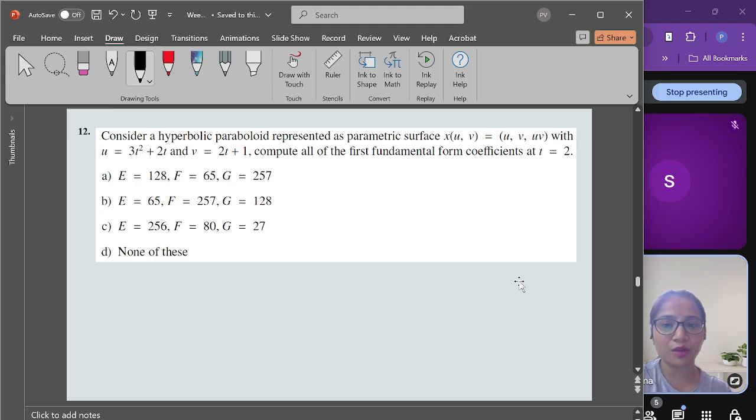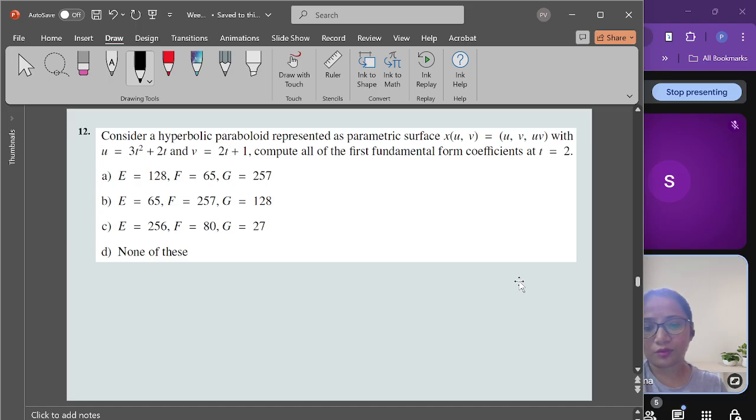We have already seen this in the previous question, but there we did not describe them or represent them by E, F and G. We had just taken another form. So let's find out how we can compute the first fundamental form from the given equations or functions.